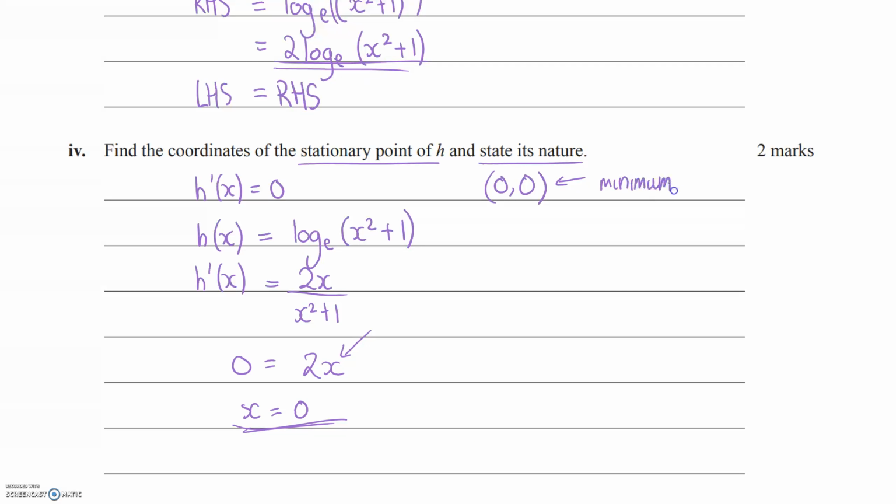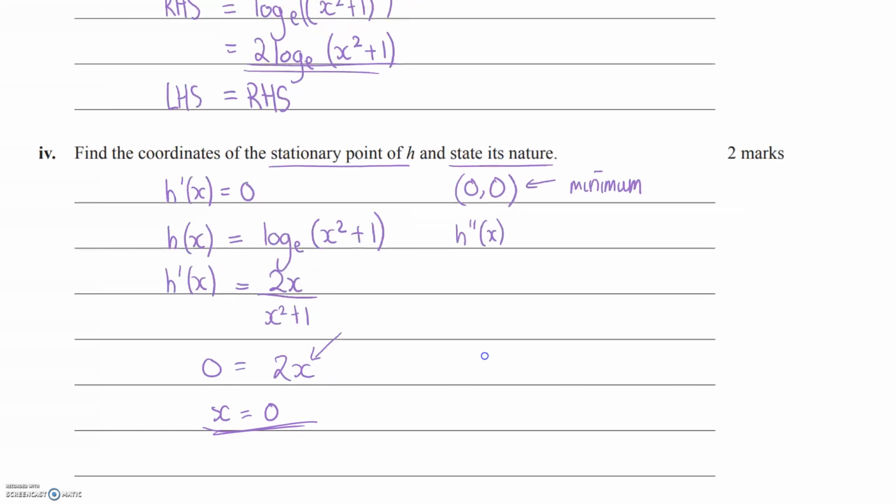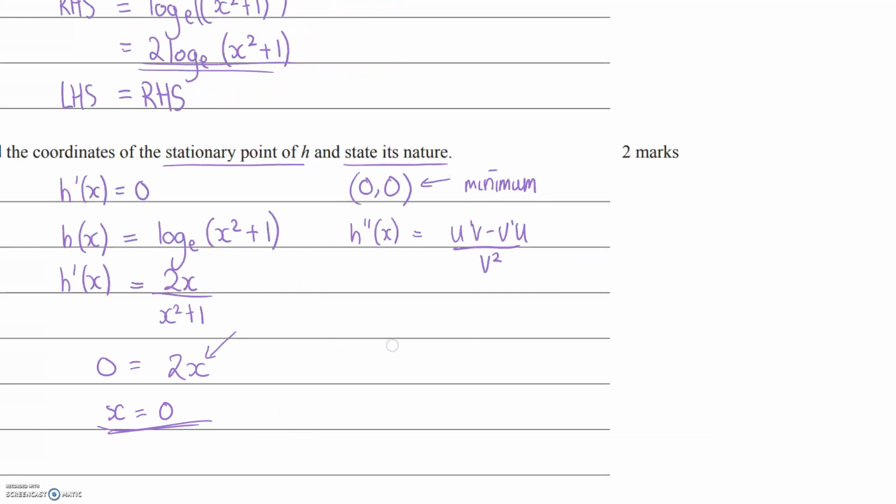But there are a few other ways we could do this. We could do this by a sketch, or we could do it by the way that I like to do it, which is we double differentiate, which would give us, technically, this is going to be u dash v, take v dash u, all over v squared. So I'm going to need to use some extra space over here. u being 2x, v being x squared plus 1, v dash being 2x, u dash being 2.